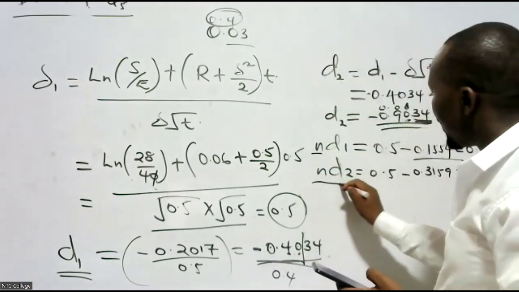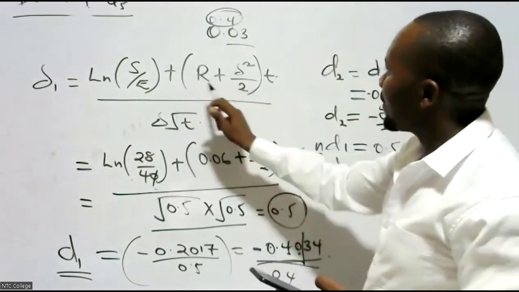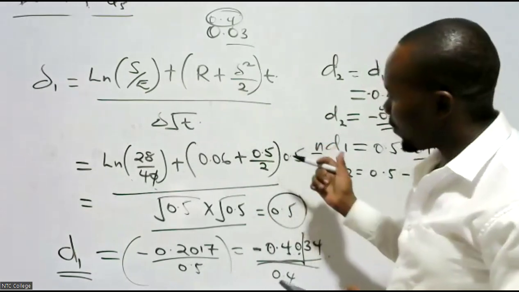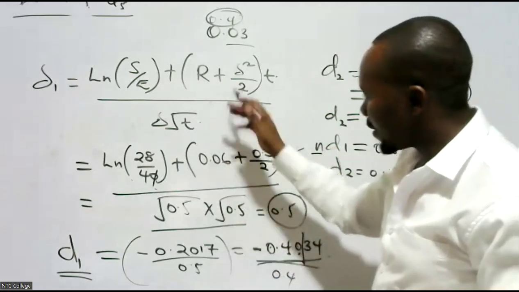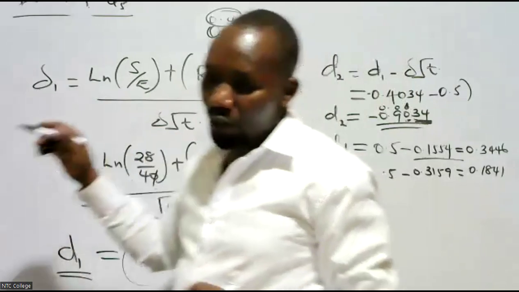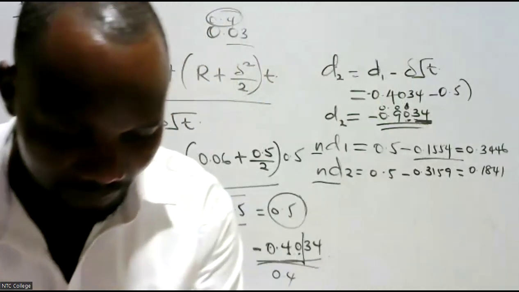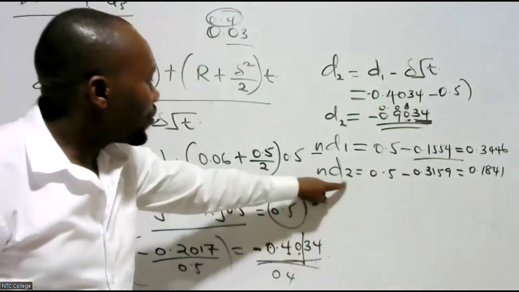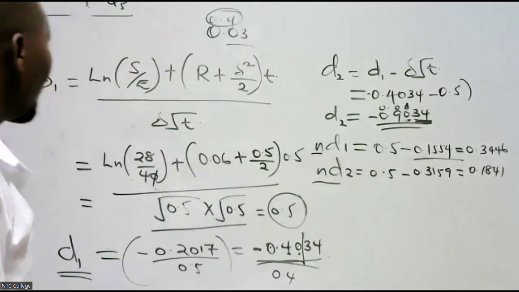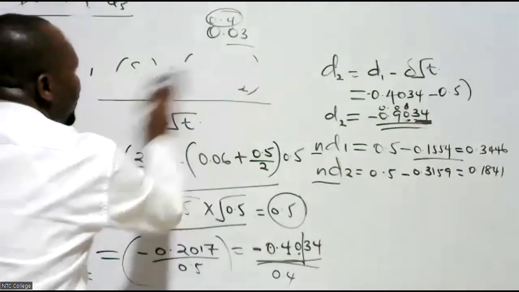So this is now what we call ND1 that we use here. Where is that formula where we are having ND1? I think we found it somewhere when you're looking at the value of call. So that is ND2 and ND1. So let's now get the value of call option.